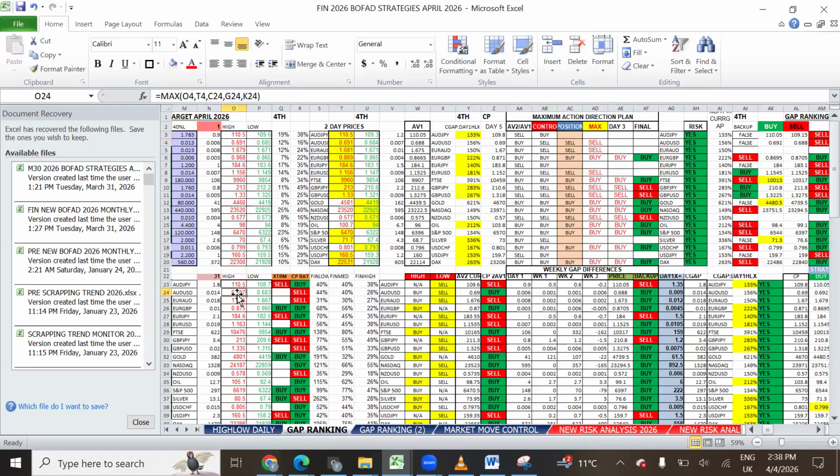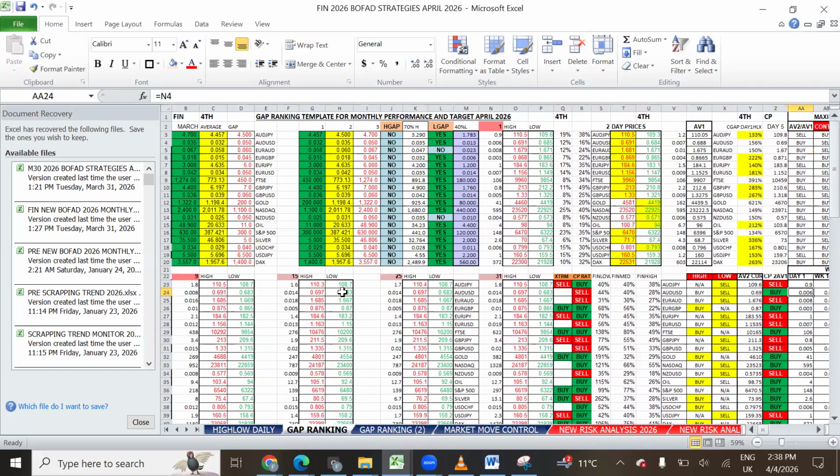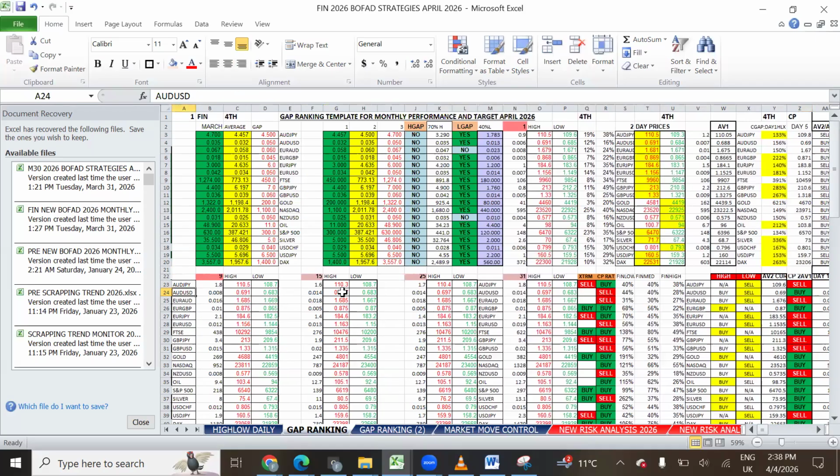So you can see here, 0.691 to 0.683, and then it stopped at 0.683 and went to 0.697. That is how best we'll be able to identify those moves as quickly as possible and take action effectively.